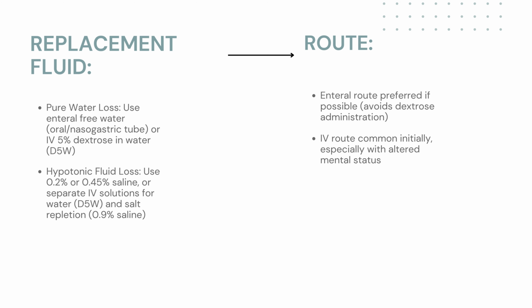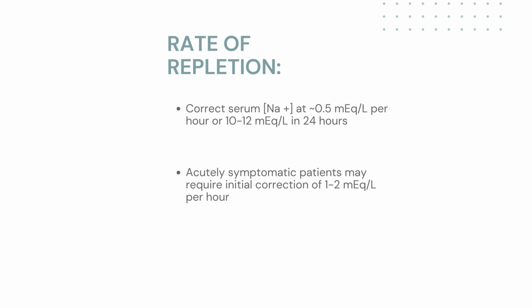Now let's come to the most important part of management of hypernatremia, the rate of repletion. We will try to correct the serum sodium at the rate of 0.5 milliequivalent per liter per hour, or 10 to 12 milliequivalents per liter in 24 hours. Acutely symptomatic patients may require initial correction of 1 to 2 milliequivalents per hour.